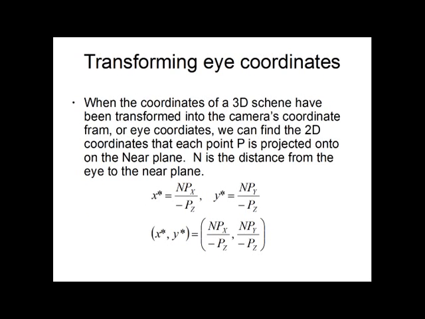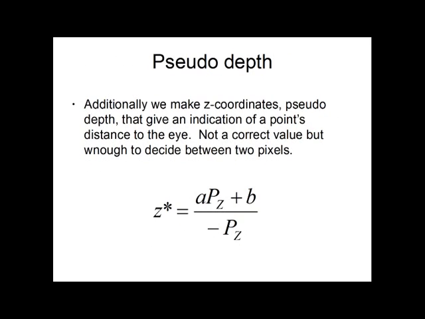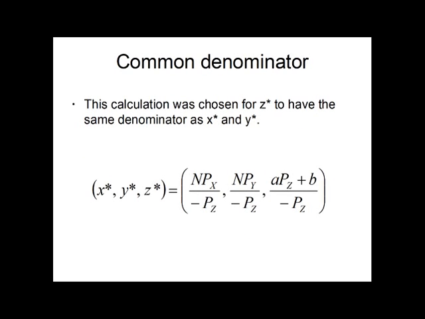Alright, so here's a little recap of the projection calculations so far. To begin with, finding the 2D coordinates on the near plane, which is the screen we're projecting onto. Next, finding the pseudo depth and sticking to this common denominator throughout.